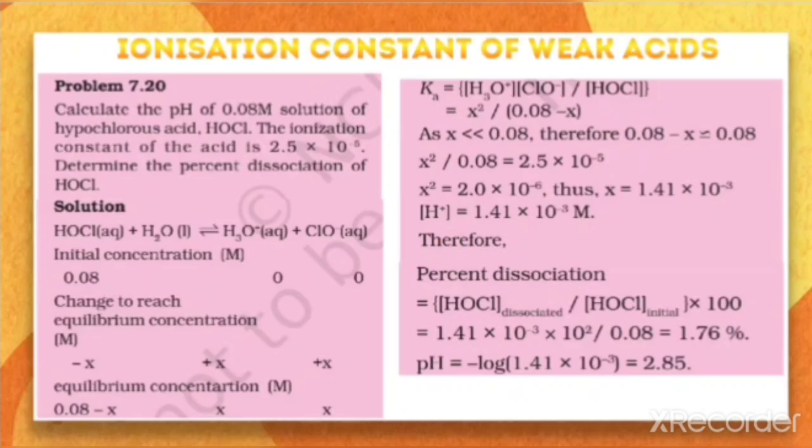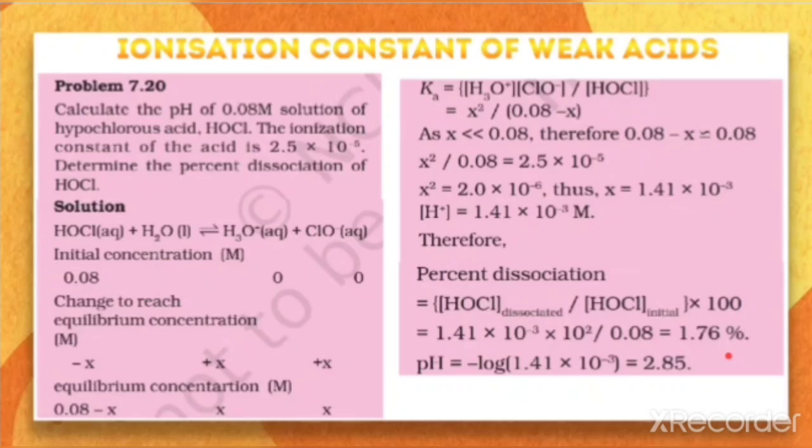Here the HOCl that is dissociated is nothing but the concentration of H+ that is formed, which we have found. That value is divided by the initial concentration, that is 0.08, into 100. When we solve this, we get 1.76 percent. That means this acid gets ionized by 1.76 percent.